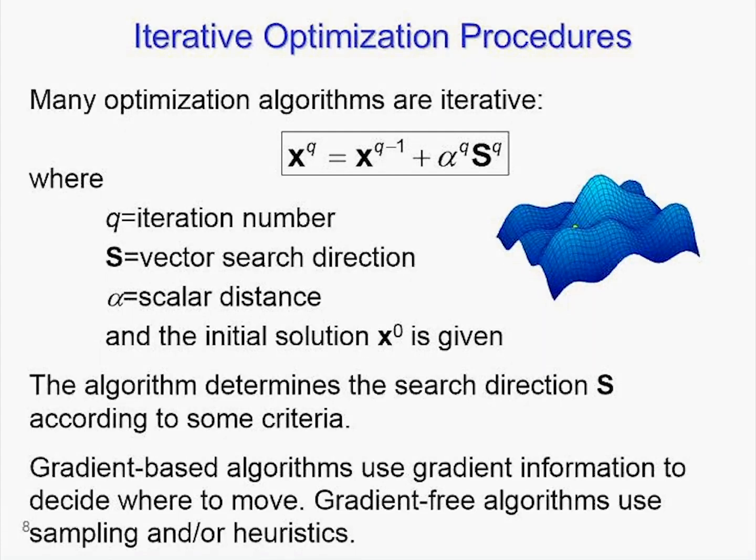All right, so what we're going to talk about now is how we might go about solving this problem. This is number 2, and I'm going to focus mostly on unconstrained optimization problems.